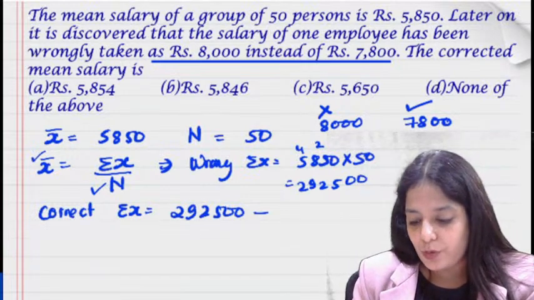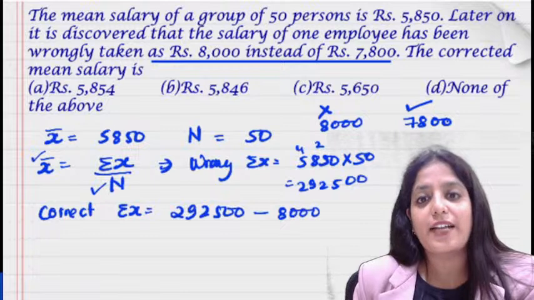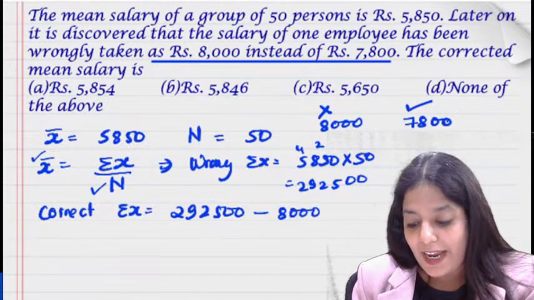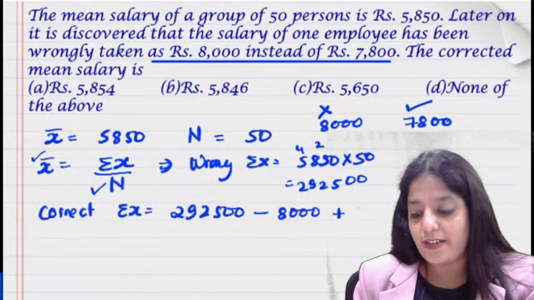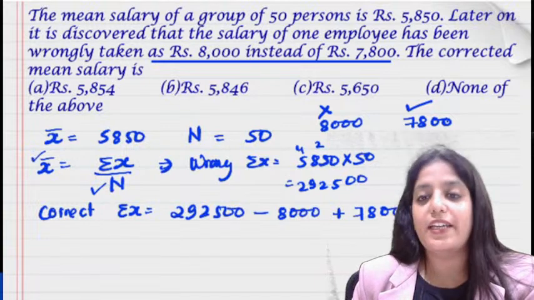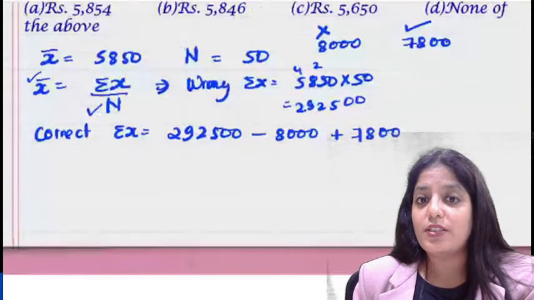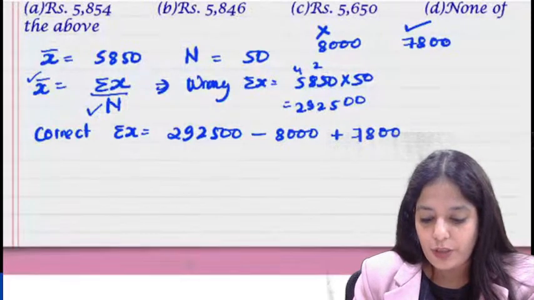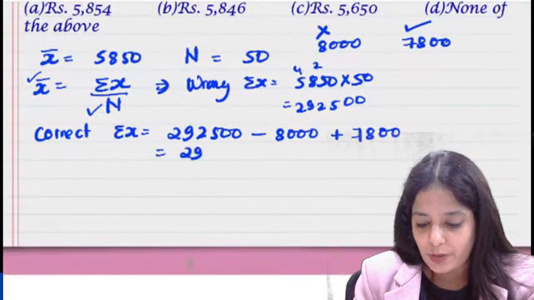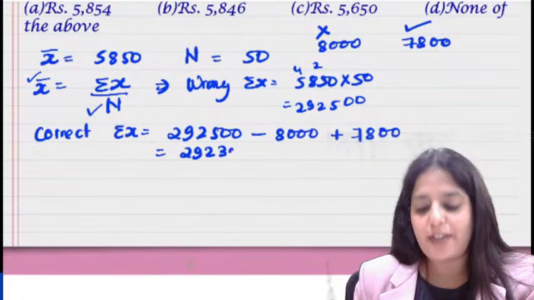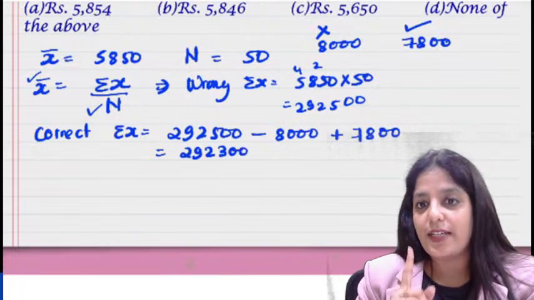So we remove the wrong salary, 8,000, and add the correct salary, 7,800. Eventually you get 292,300. So this is the correct sigma x.